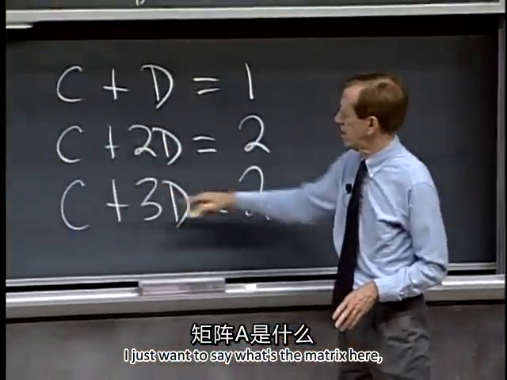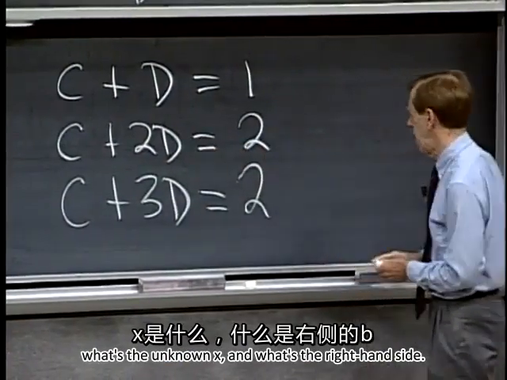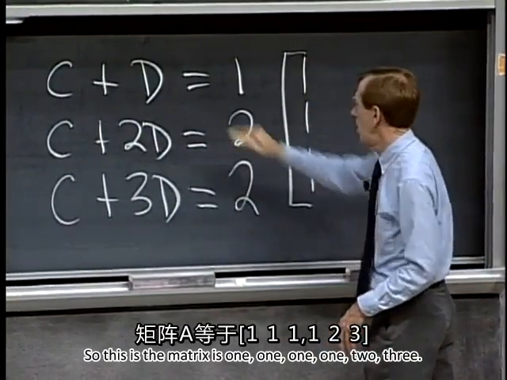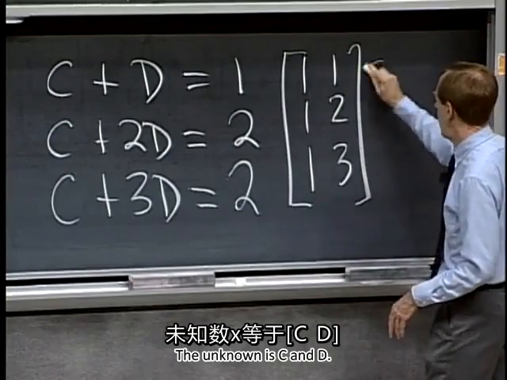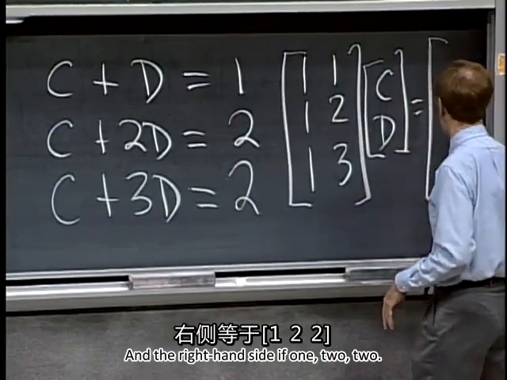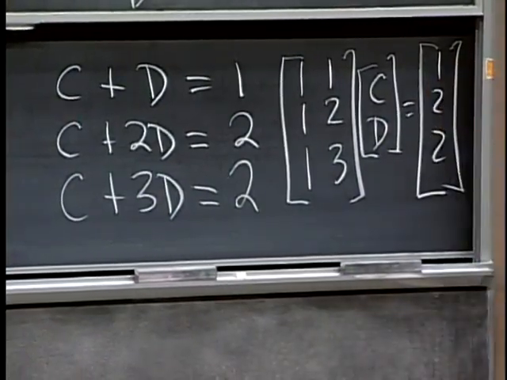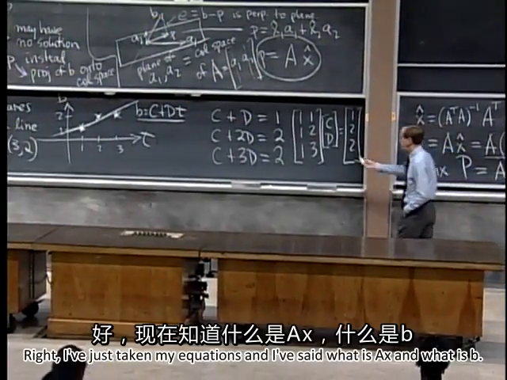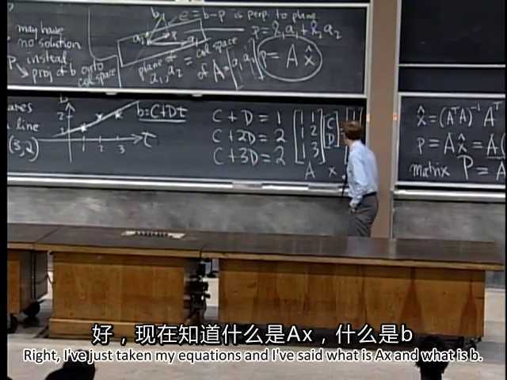What's the matrix here? What's the unknown X? And what's the right-hand side? The matrix is 1, 1, 1, 1, 2, 3. The unknown is C and D. And the right-hand side is 1, 2, 2. I've just taken my equations and said what is AX and what is B.